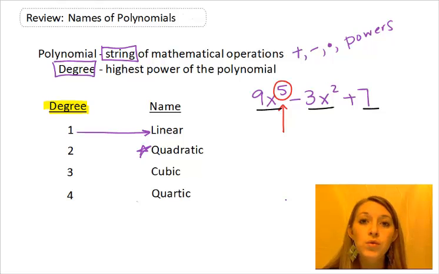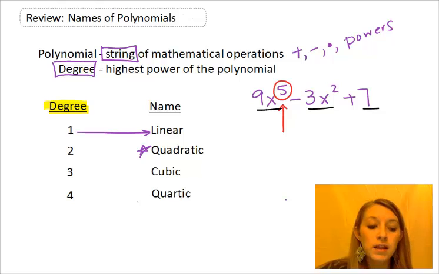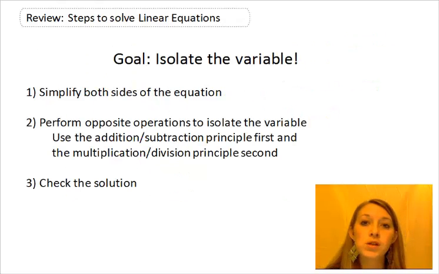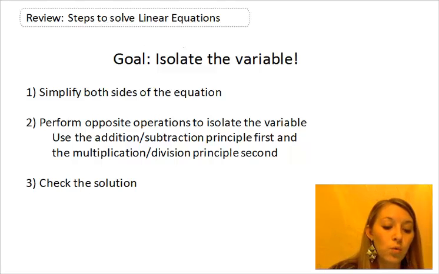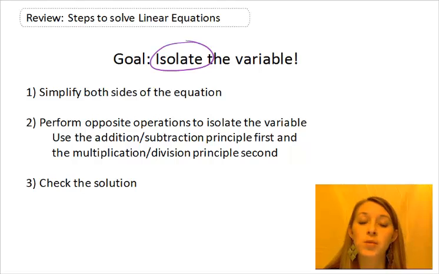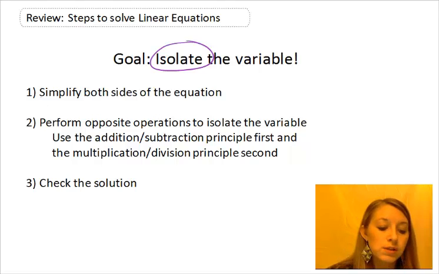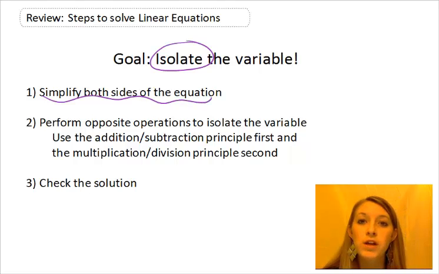Now that we reviewed what a quadratic equation is, along with other things, let's review how we solved those linear equations. To solve degree 1 equations, our goal was to isolate the variable. And you did that by following these steps here. First, you simplified both sides of the equation if you possibly could.